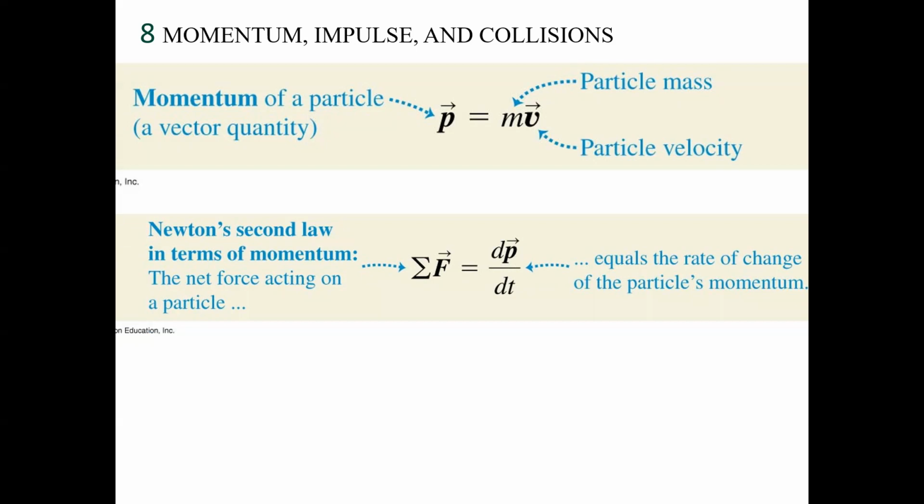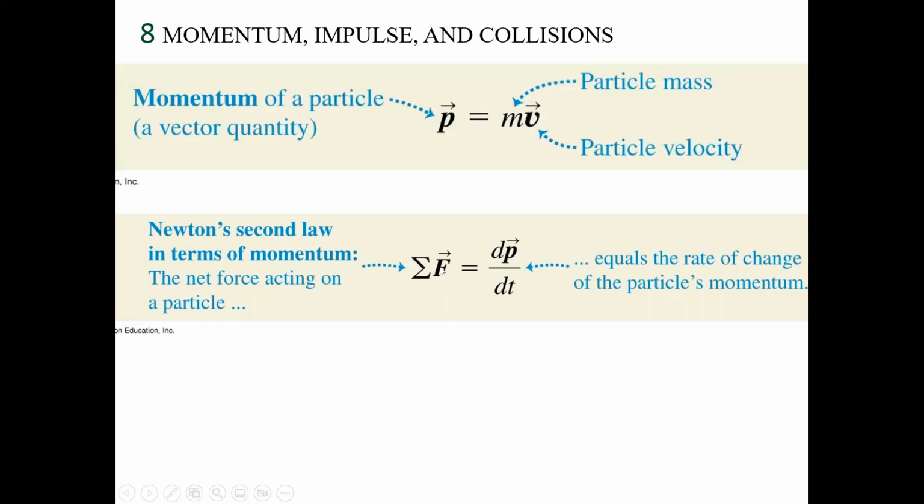In high school, we learn Newton's law as F equals ma. That is partially true. That is not completely true. So this law right here relates to Newton's second law in terms of momentum.